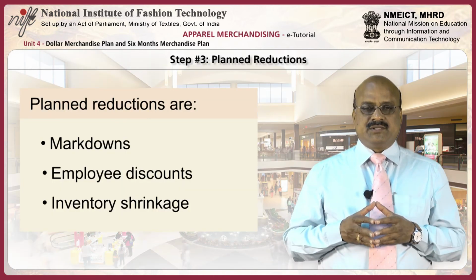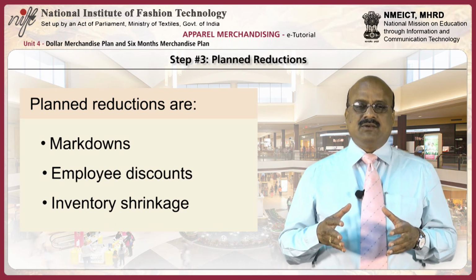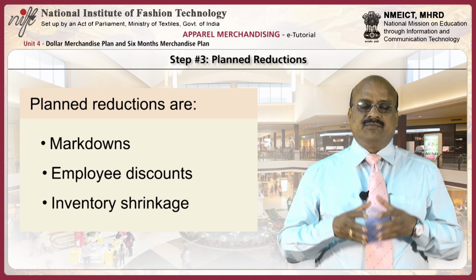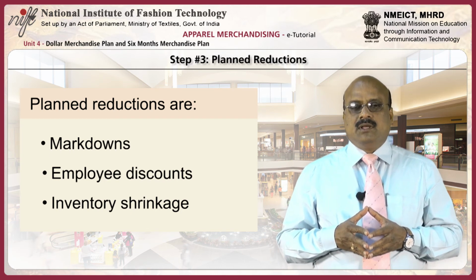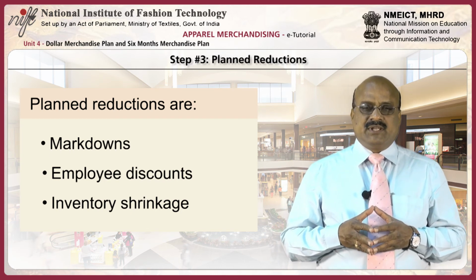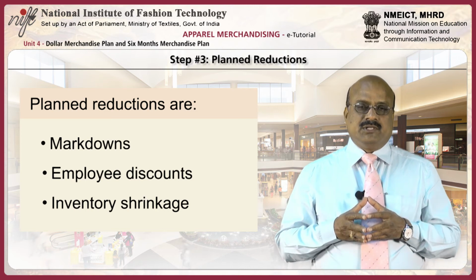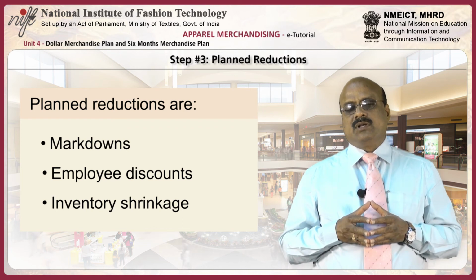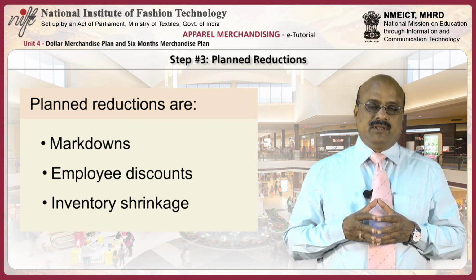Then planned reductions. Markdowns, employee discounts and inventory shrinkage come under the heading of planned reductions. These 3 figures affect our gross margin, so they must be considered when calculating department and class profitability.